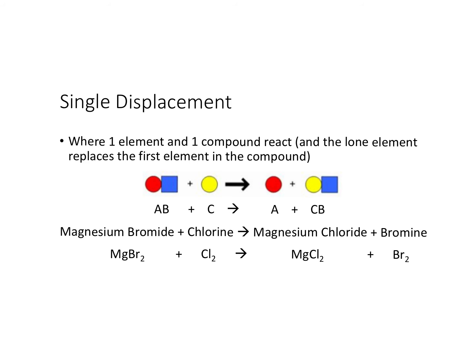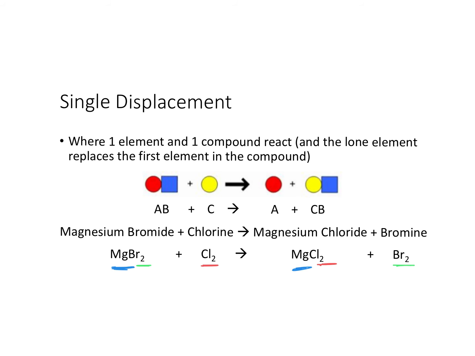And if you take a look at our sample down here, we have magnesium bromide and chlorine, which then becomes magnesium chloride and bromine. So magnesium over here is then going to be bonded with the chlorine, and bromine is going to be left out by itself.